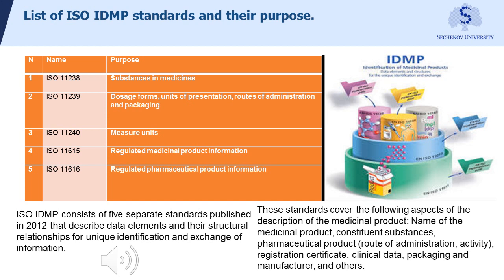These standards cover following aspects of the description of medical products: the names, consistent substances, pharmaceutical products, its route of admission, activity, etc. Registration certificates, clinical data, packaging, data about manufacturer, and other.